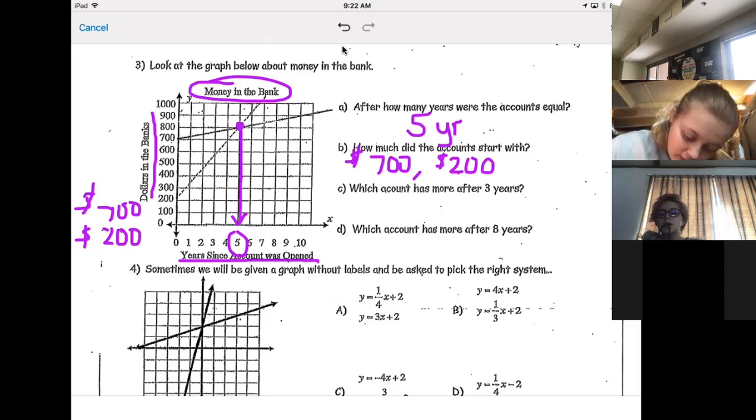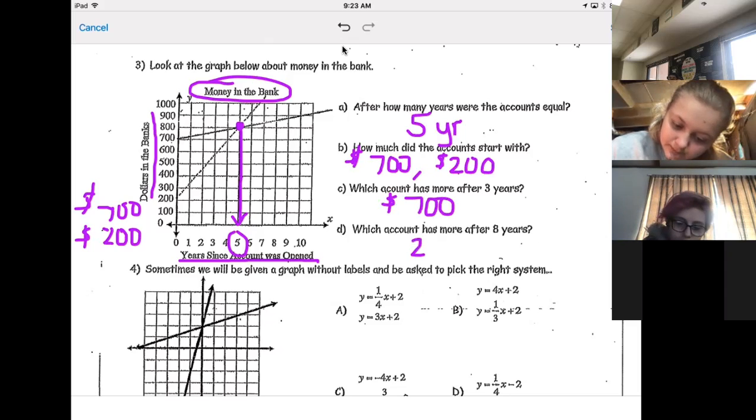Which account has more after 3 years? The $700 account has more after 3 years. Which account has more in it after 8 years? How did that happen? How did the $200 account jump past?